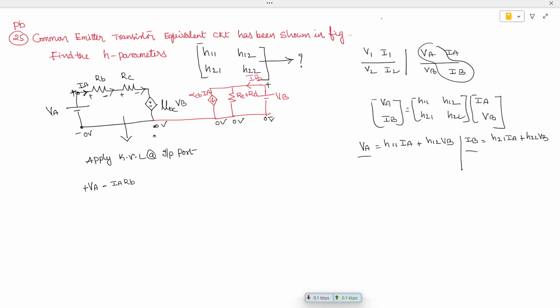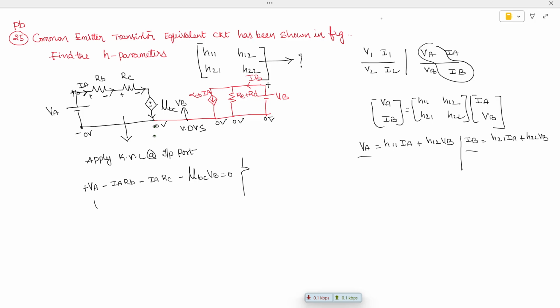Then minus IA into RC, and this is also a voltage source, a voltage dependent source with polarities: minus mu BC VB, equal to 0.